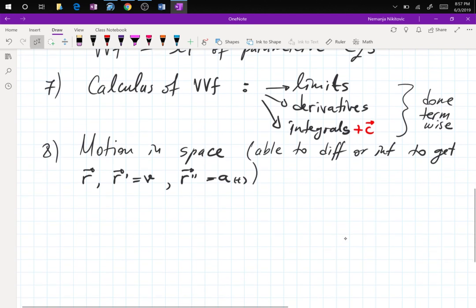So if I give you, let's say, a position function r, which is given as those 3, then you should be able to differentiate term by term and come up with velocity and differentiate one more time. Please remember that speed is the magnitude of velocity. So speed and velocity are not the same thing. Velocity is a vector. It has the direction, right?